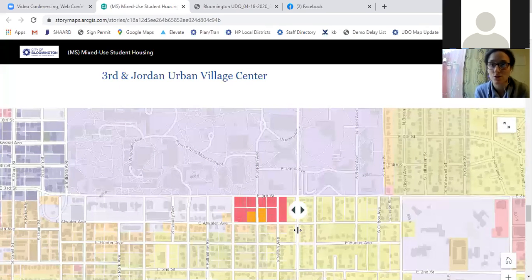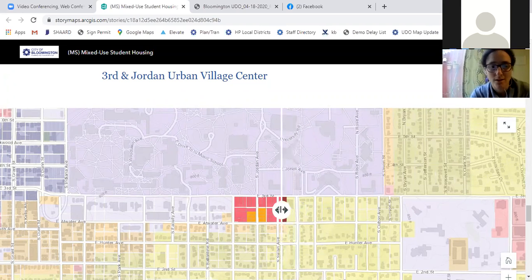They are currently zoned mixed use neighborhood, and we would be proposing, again, to change that to mixed use student housing. Many of the uses that exist there now would also be allowed in the new zoning district, so they would not become lawful nonconforming. But this would allow for future redevelopment of this area.